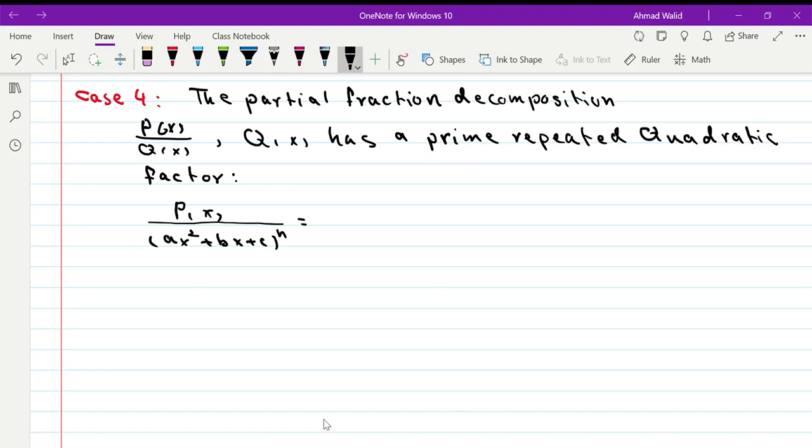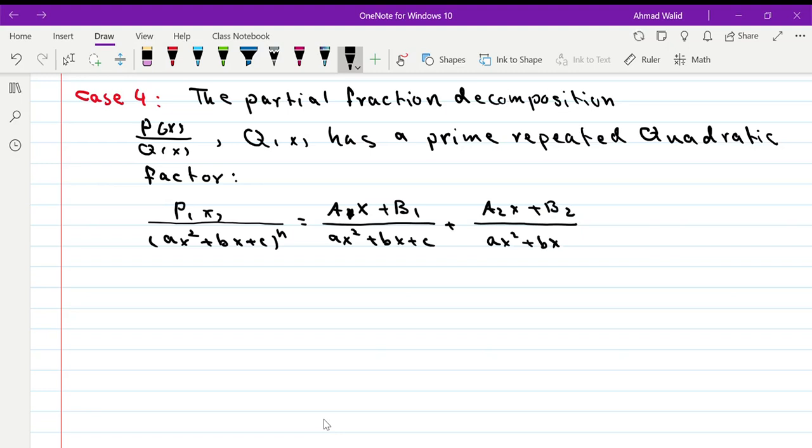write this way. The first one becomes a1 x plus b1, here ax squared plus bx plus c. The second one, a2x plus b2 and ax squared plus bx plus c to the power of 2.